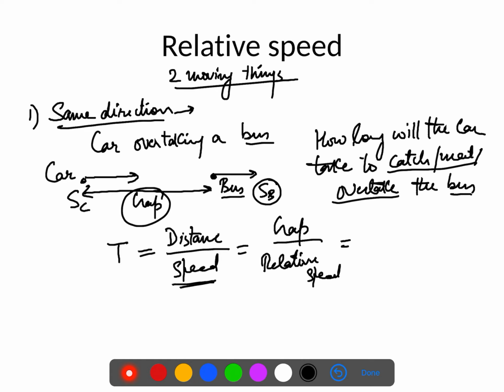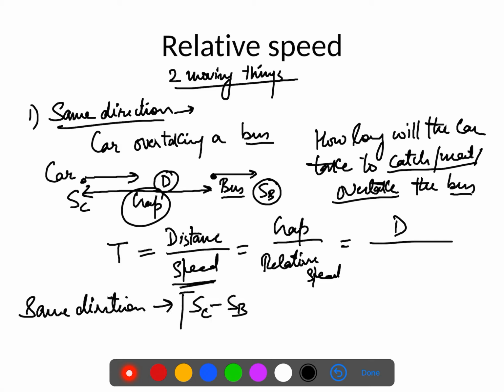So let's say D is the gap, upon relative speed. When things move in the same direction, relative speed is the difference of the speeds, the bigger speed minus the smaller speed, SC minus SB.